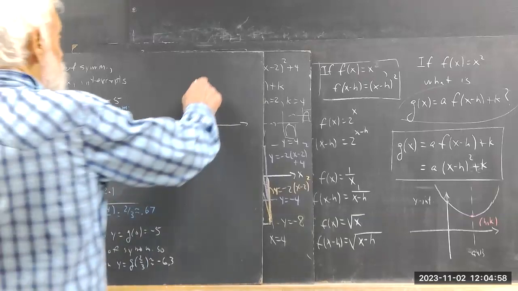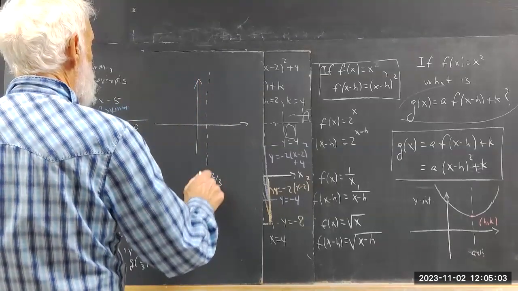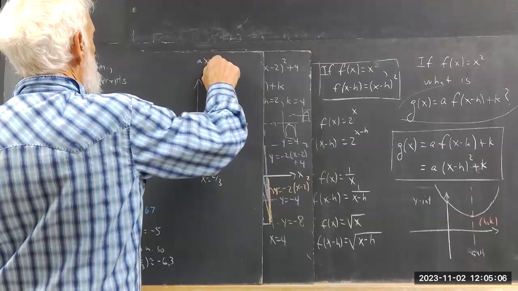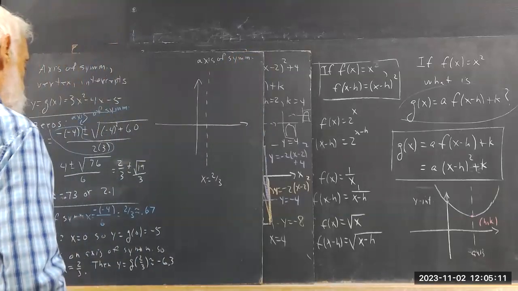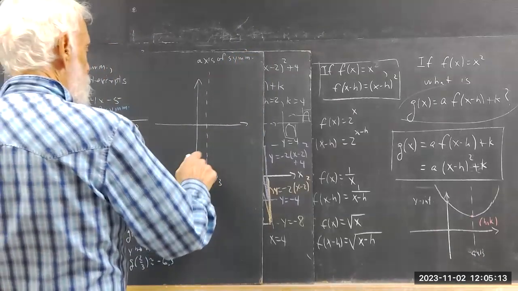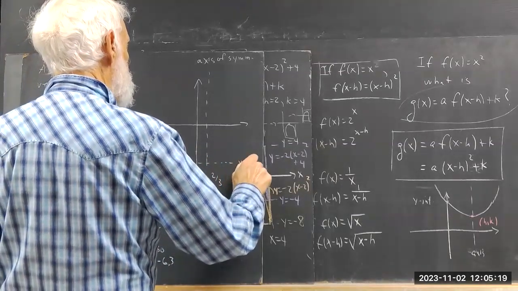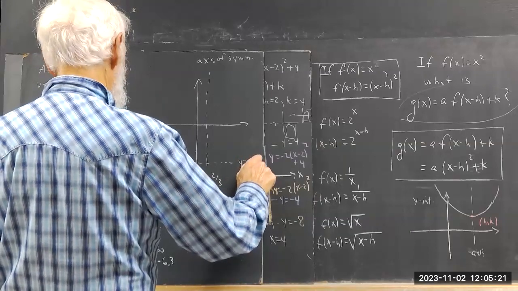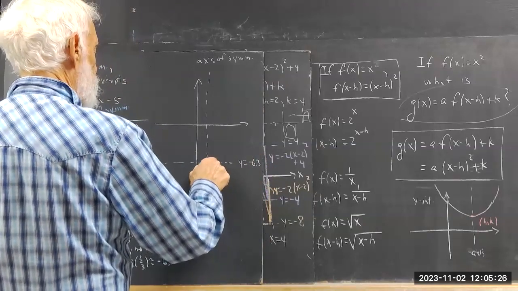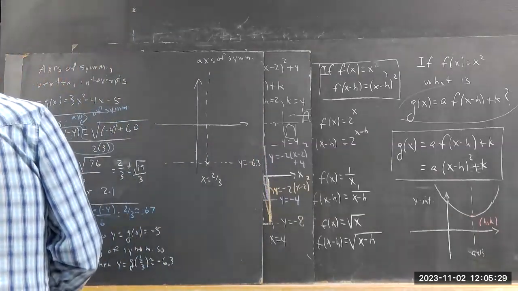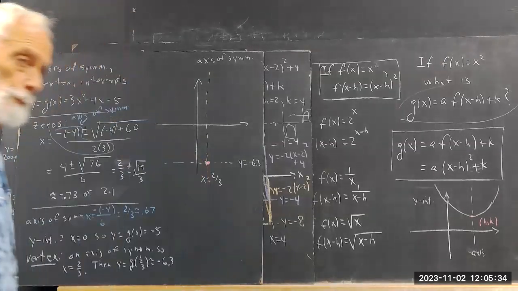Okay, so here's the axis of symmetry. Y equals -6.3 here. There's our vertex. Since I like to use the red dot, remind ourselves there's a vertex.